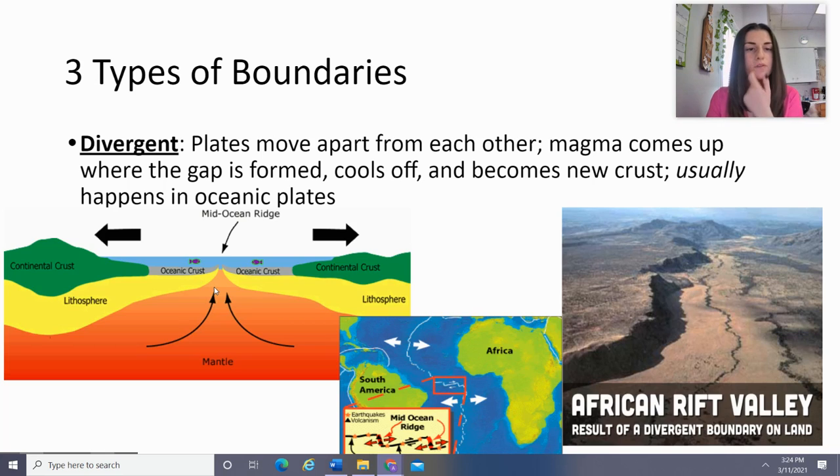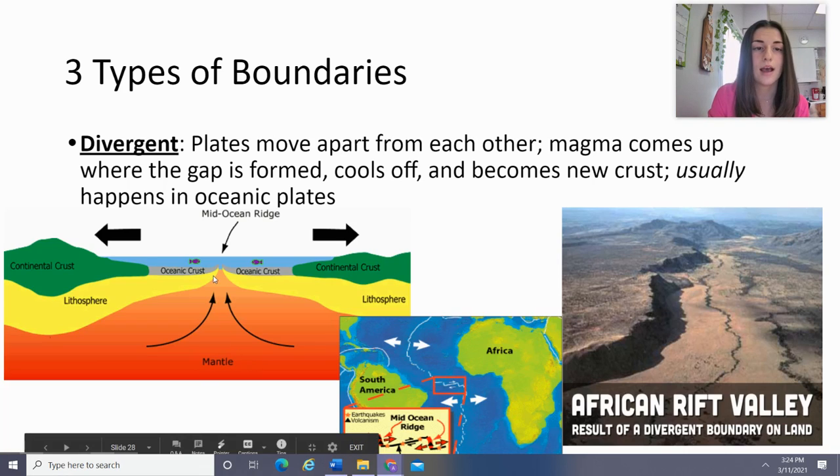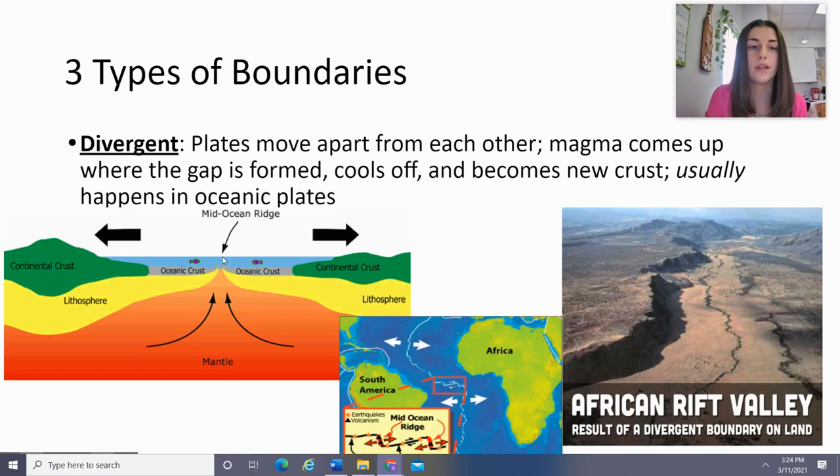All right, so if we look at the picture over here, we can see that these two plates are moving apart. And then you can see that the magma is coming up through here and is then cooling, usually because of the water. And it is cooling and becoming new crust.